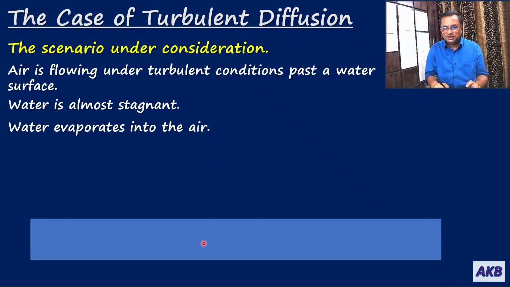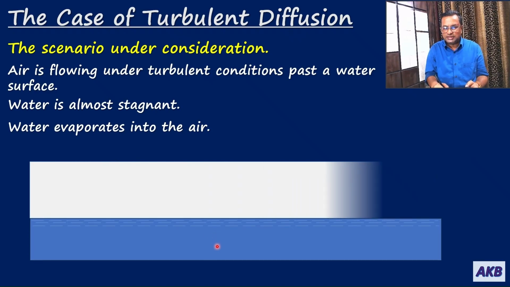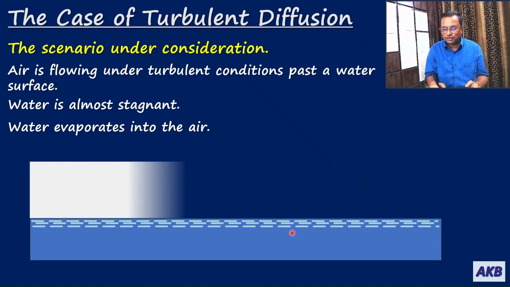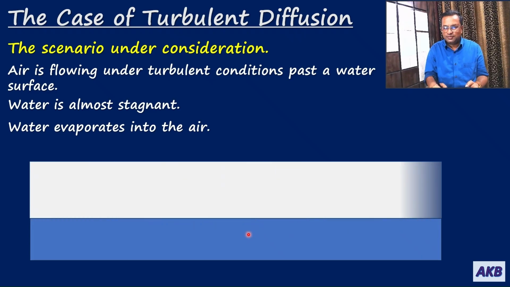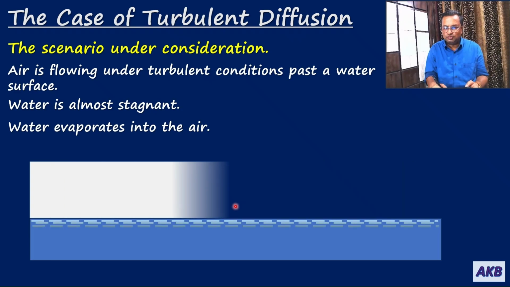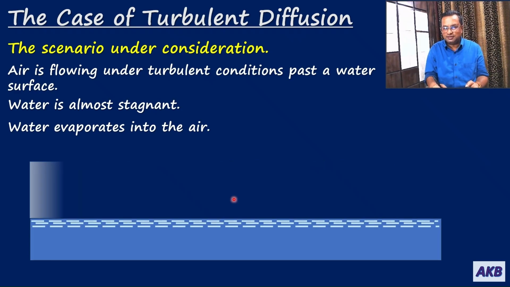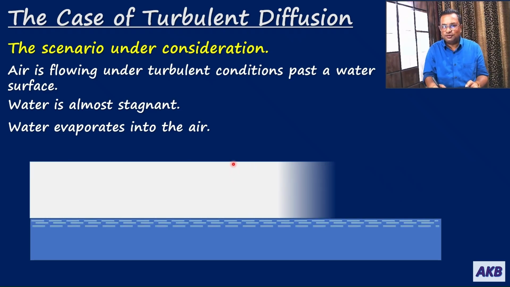So this is the pool of water, in which water is almost stagnant and air is flowing past the water surface under turbulent conditions. So water evaporates into the air, and the resulting water vapor diffuses through this turbulent air. So this is a case of turbulent diffusion.